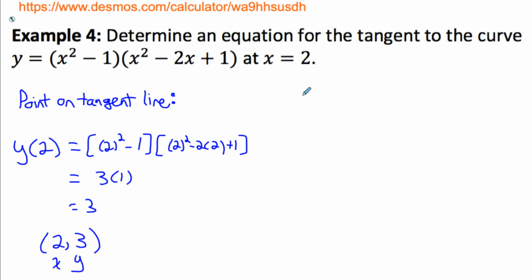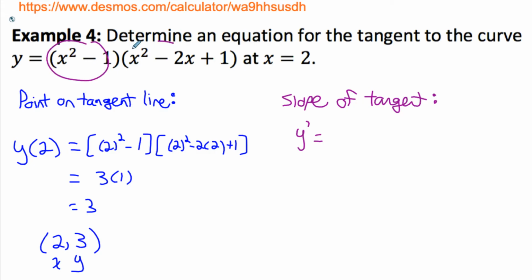We're also going to need to know the slope of the tangent line. Slope of tangent. So I'm going to need to know the value of the derivative of the original function when x is 2. That will tell me the slope of the tangent at an x value of 2. So we're going to need to know the derivative. I need to know y prime. So y prime equals, oh, this is a product of two things, function times function.